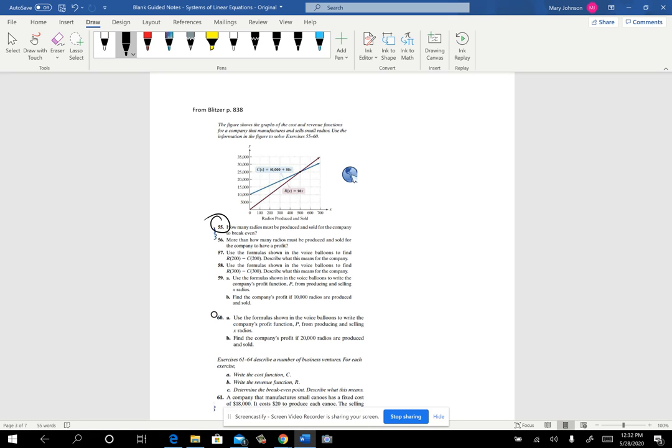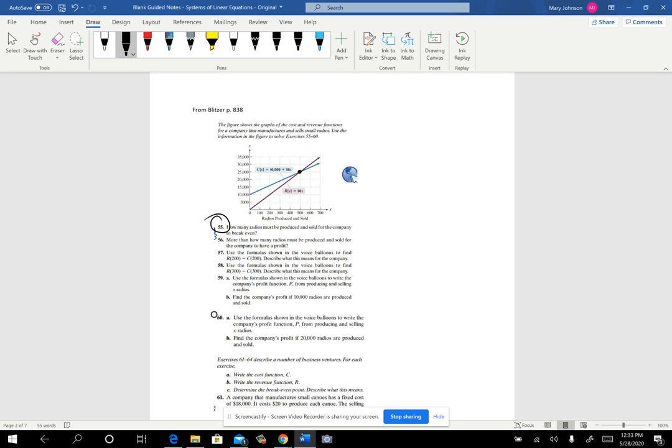How many radios must be produced and sold for the company to break even, which means to just recoup their costs. On this problem, we really can see from the graph where that happens. That's one example of what the point of intersection is good for.